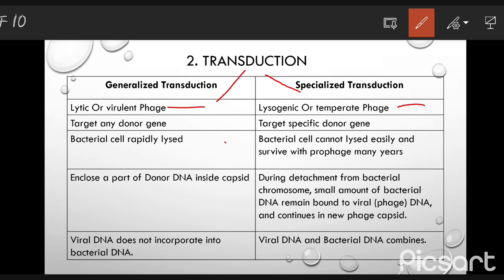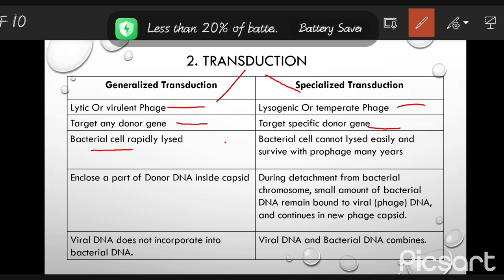The lytic bacteriophage targets any donor gene, while the lysogenic bacteriophage targets specific donor genes. In generalized transduction, bacterial cells rapidly lyse, that means degrade. In specialized transduction, bacterial cells cannot lyse easily and can survive for a longer time period.